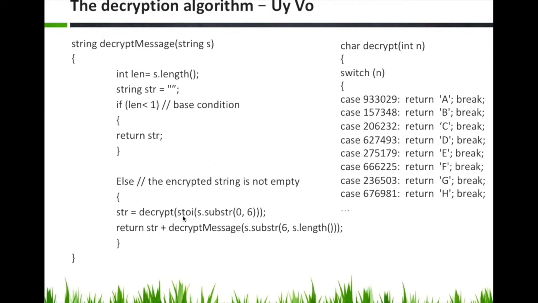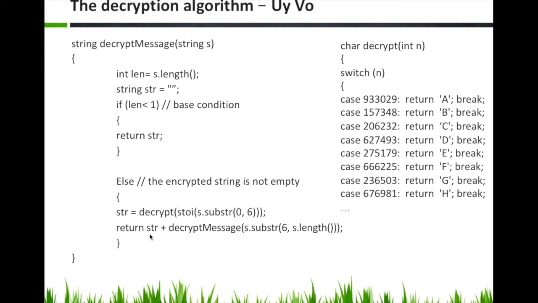It means string to integer function. This function is in the IOStream library, and we convert all the 6 elements to the 6-digit integer, and we put it into the decrypt function. And the decrypt function will return a character, and we put the character into the string.